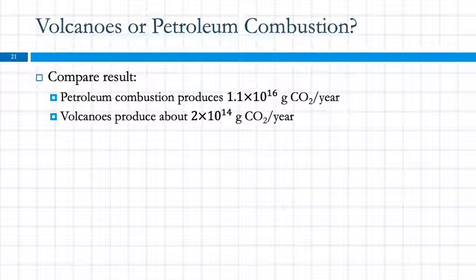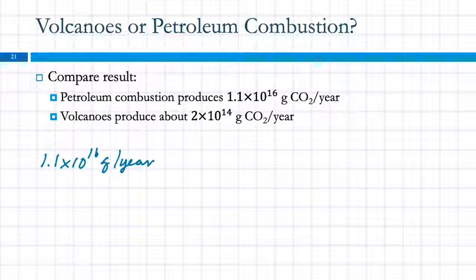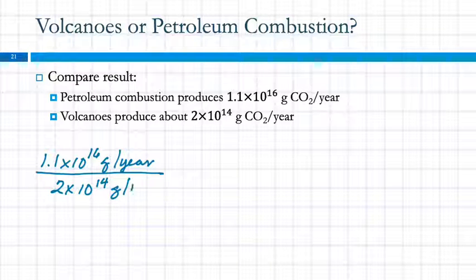Well, why don't we find out how many times smaller it is? Let's take the big one and divide by the small one. So 1.1 times 10 to the 16th grams per year, divided by 2 times 10 to the 14th grams per year.